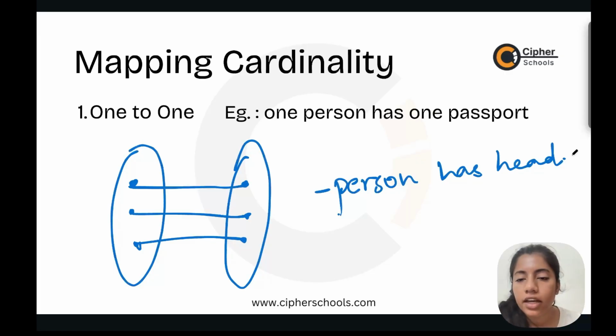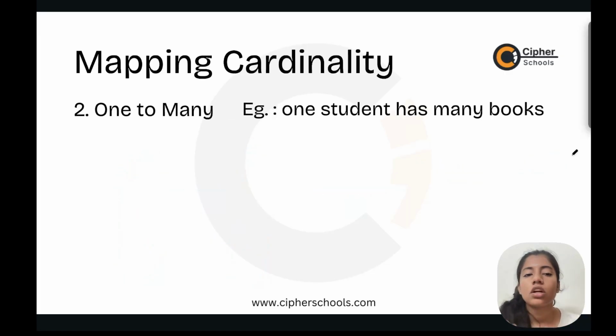Let us move ahead and talk about one-to-many. In one-to-many, for example, one student can have many books, but from the other side, one book can belong to one person only.